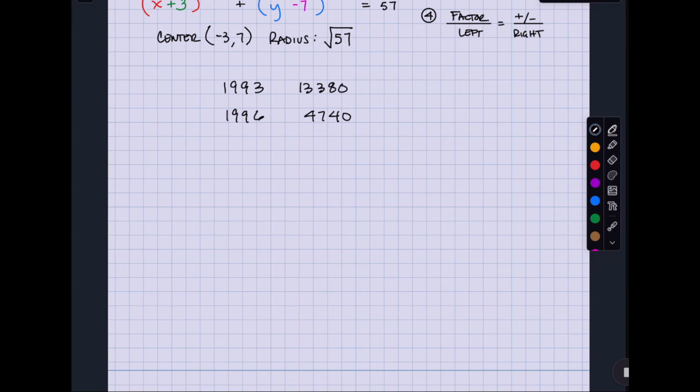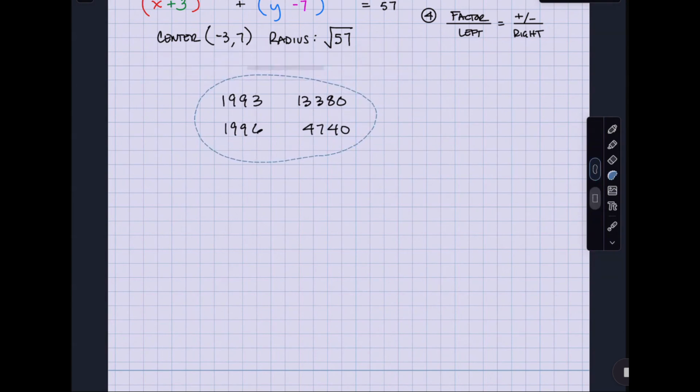Let Y be the average value of the automobile in the year X, where X equals 0 represents 1993.